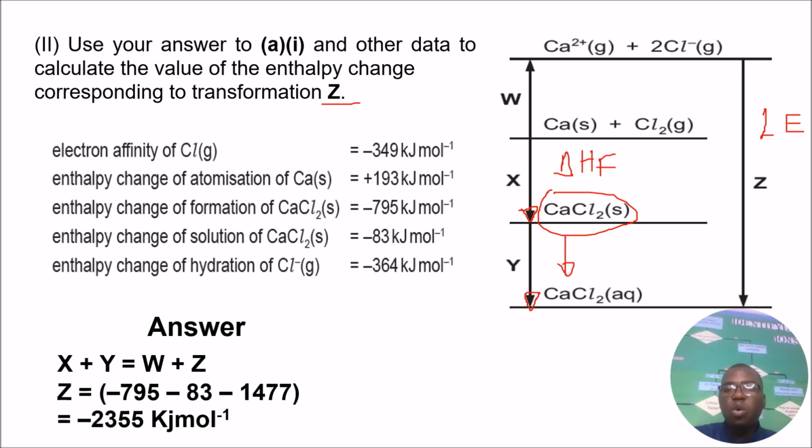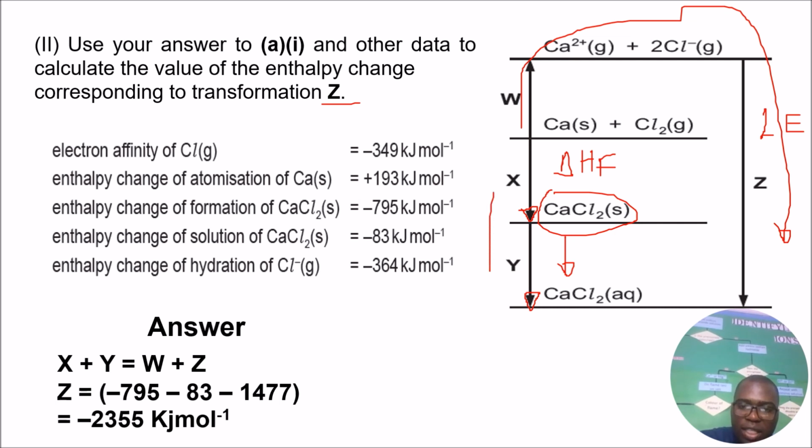Okay, so once we know those things, in order to find the lattice energy, which is Z here, you can make an equation, because the arrow W has got an up arrow, and Z also, they are facing in the same direction. So you can sum them up as W plus Z. Then the arrows for x and y are also heading in the same direction, so there will be x plus y.